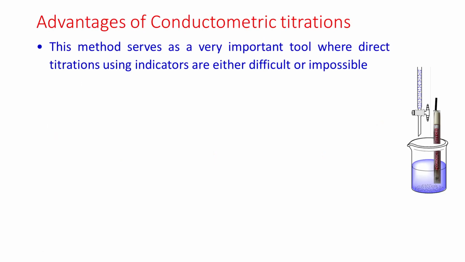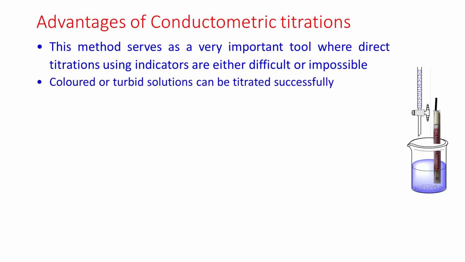Conductometric titrations have many advantages. This method serves as a very important tool where direct titration using indicators is either difficult or impossible. What are those conditions?